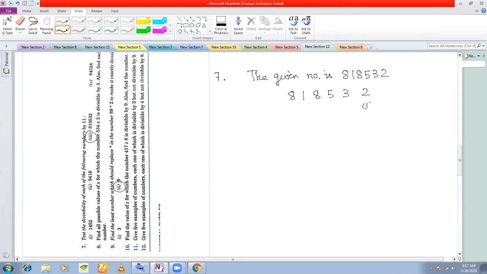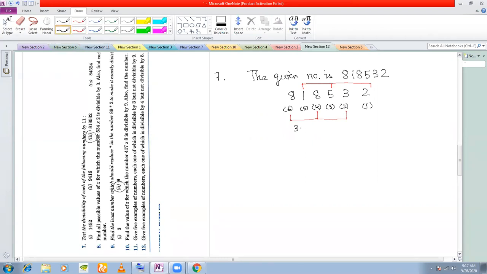So this is your first position, second, third, fourth, fifth, sixth. Now you add up the numbers in the even positions: 2, 4, 6. And you add up the numbers in the odd positions: 5, 3, and 1. You add up these digits. Okay, so what do you get here?